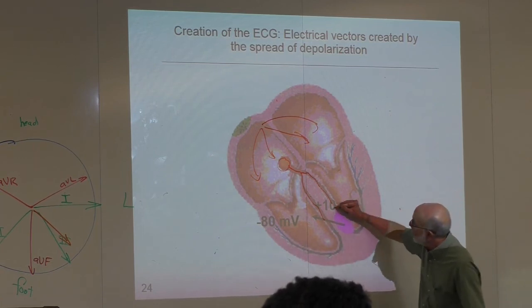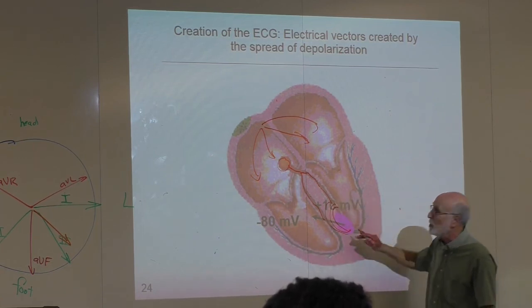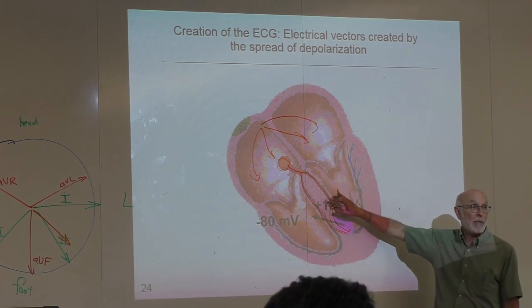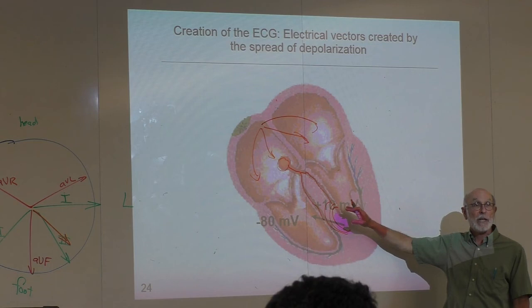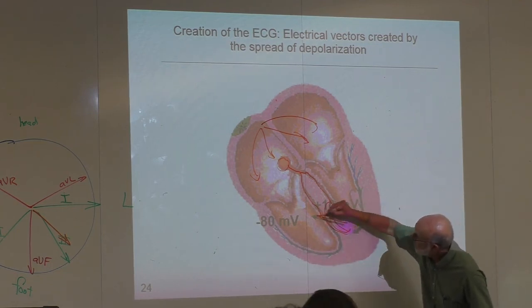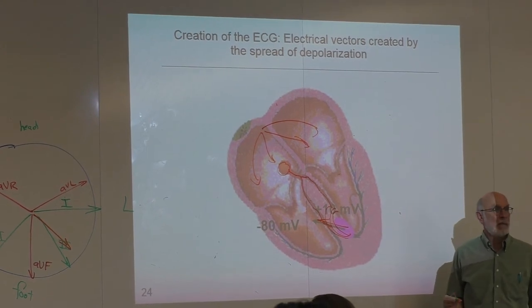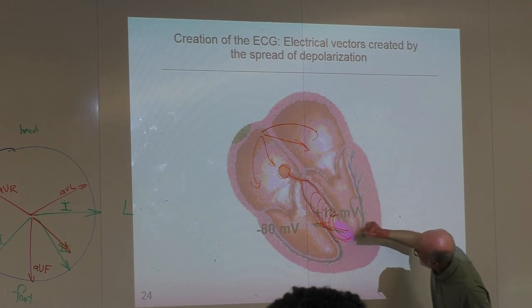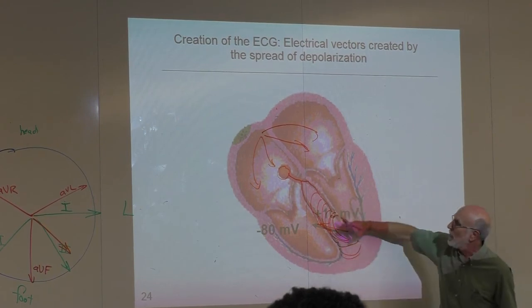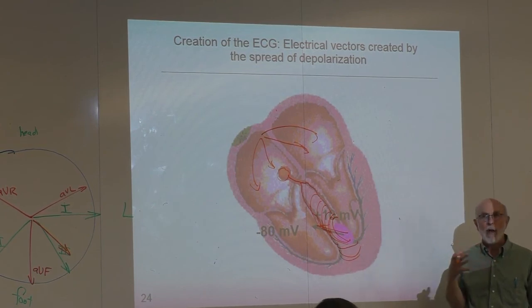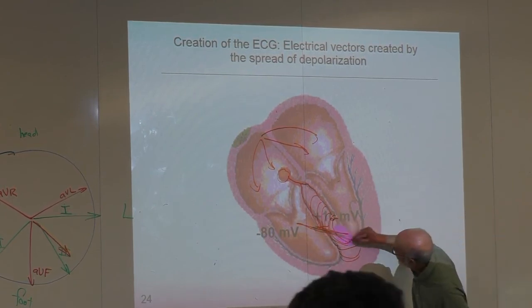But eventually, we start to get a spread of depolarization in muscle. It's in the septum, so this is the very beginning of ventricular systole. It's called septal depolarization. It spreads like this, and also this way. But the overall vector of this very early ventricular spread of depolarization looks something like that.